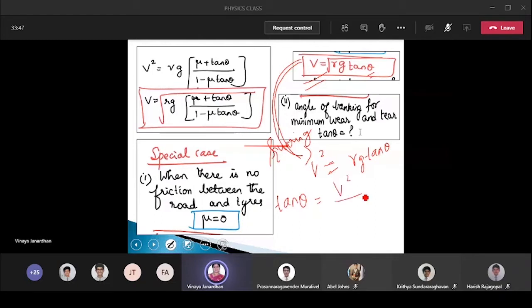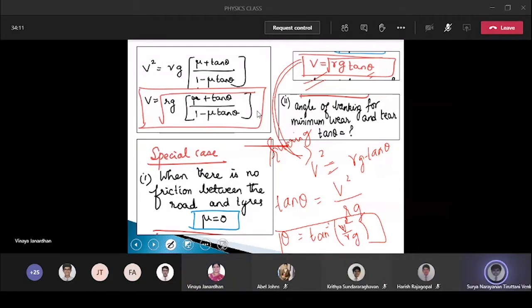V squared by Rg. Or what is theta? Theta will be tan inverse of V squared by Rg.